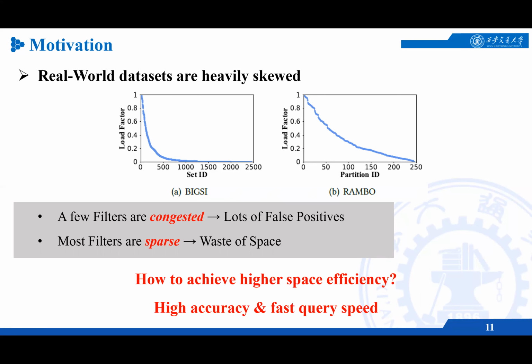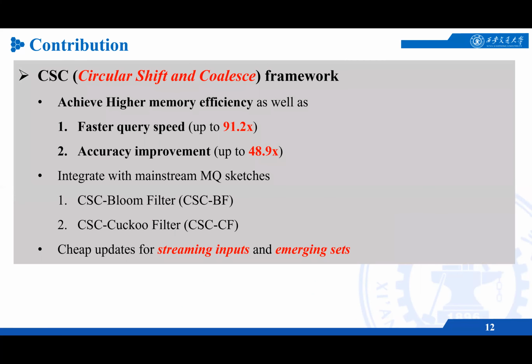So how to achieve higher space efficiency as well as keeping high accuracy and fast query speed? In this paper, we designed a CFC framework for multi-set multi-membership querying. The CFC framework achieves higher memory efficiency as well as faster query speed and higher accuracy.